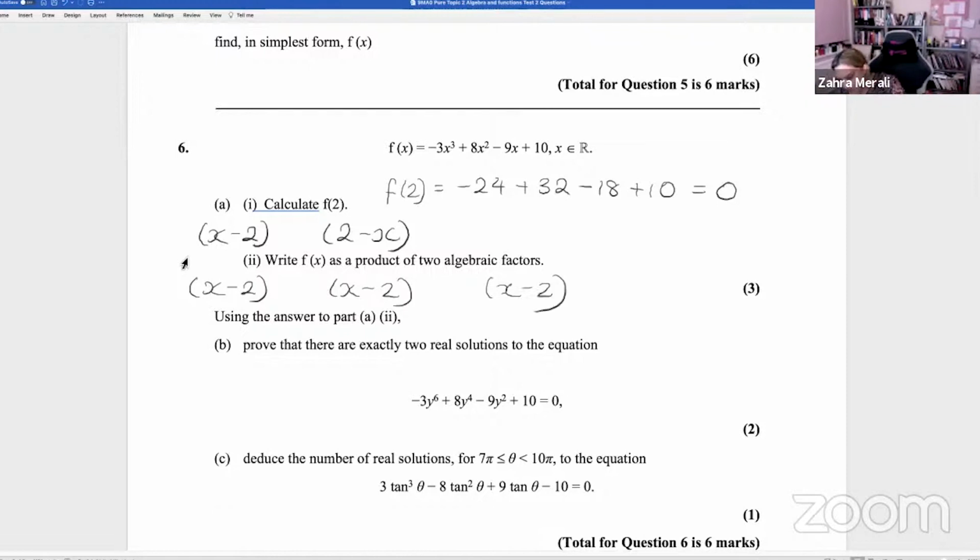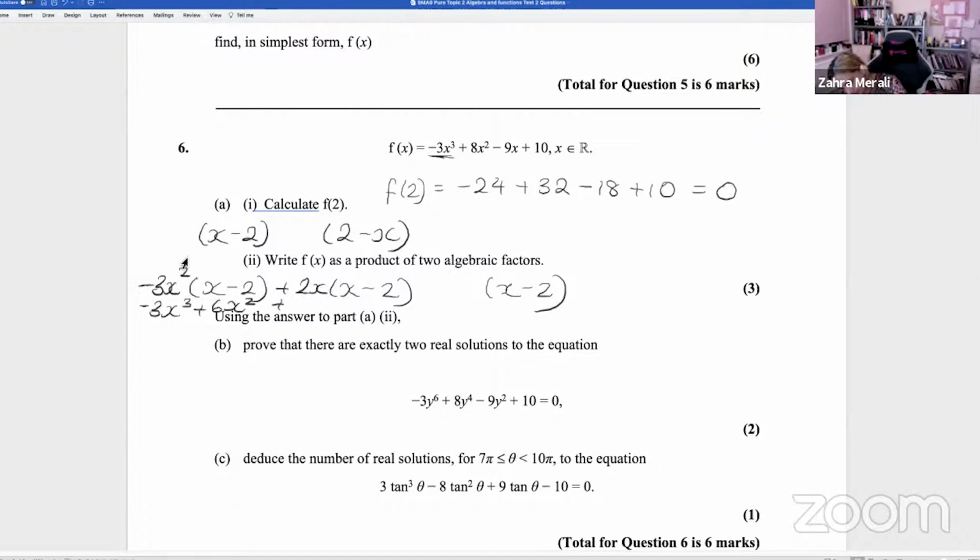And I'm going to say, how do I get minus 3x cubed? What will I have to have outside the bracket? So I'll need minus 3x squared. If I open out that bracket, I've got minus 3x cubed plus 6x squared, but I want 8x squared, so I need a plus 2x here.